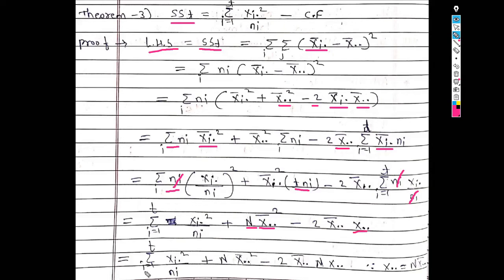So in the next step we get summation over i xi dot square upon ni plus capital N into x dot dot bar square minus 2 times.